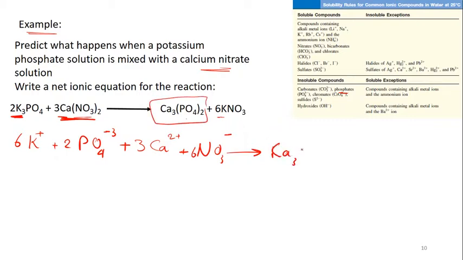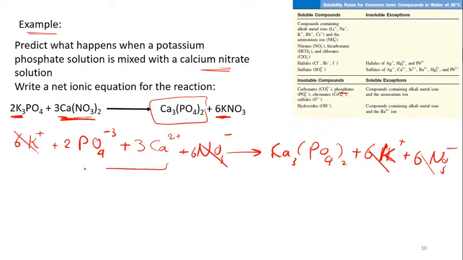Plus anything that has alkali metals will be soluble, plus. Now I have to cancel my spectator ions, nitrate on both sides, potassium on both sides.